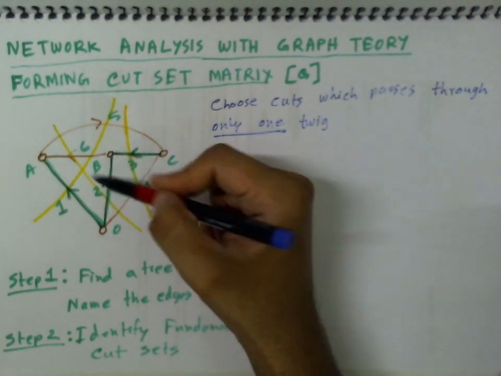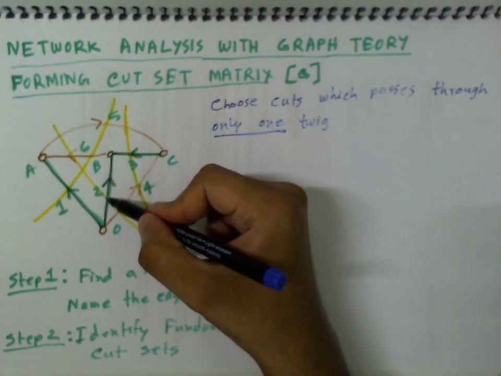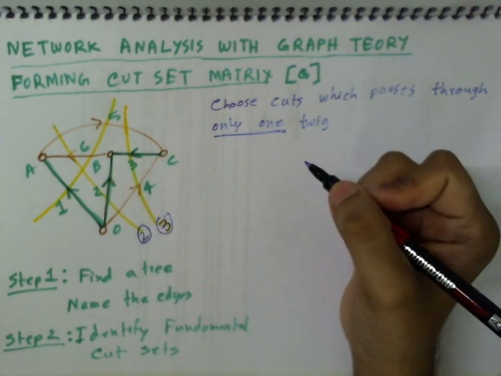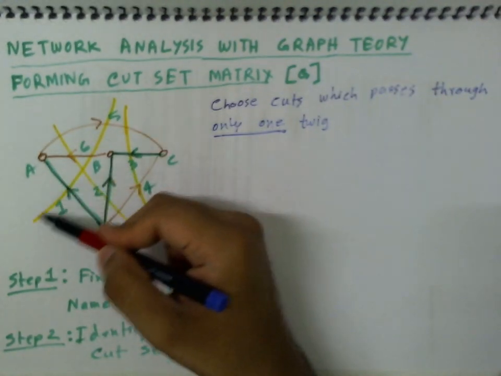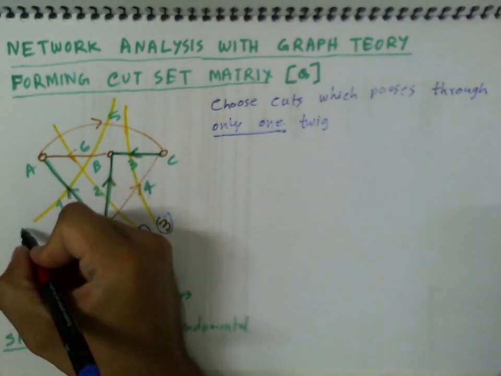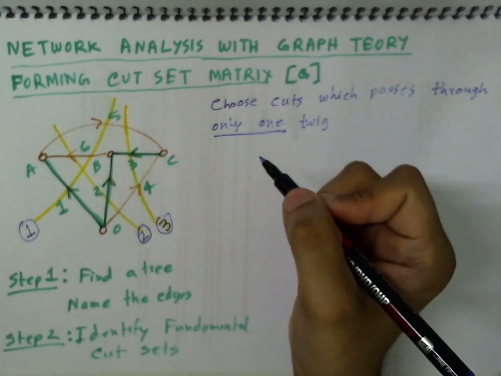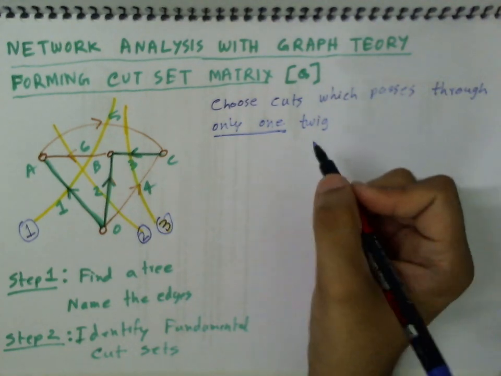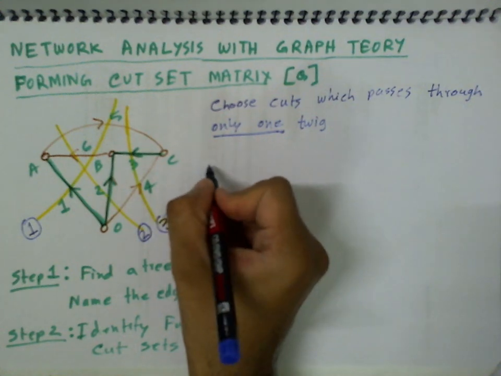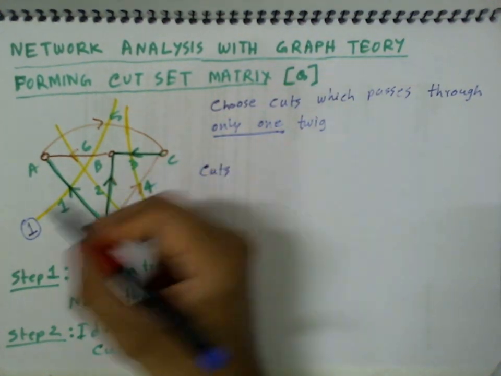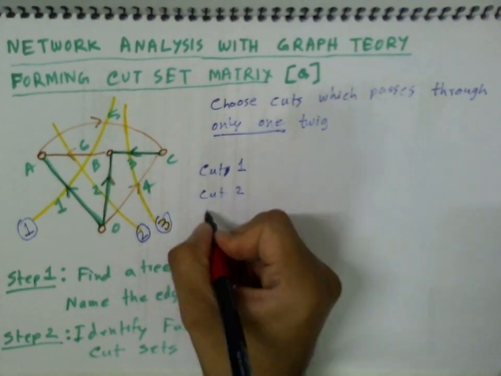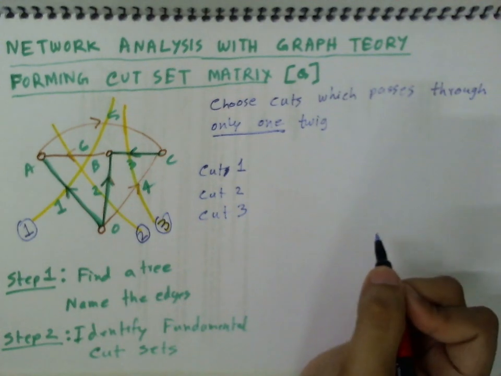This cut goes through twig 2, so I call this one cut number 2, and this one goes through this twig 1, so I call it cut 1. Okay, so let me now write these cuts. So I will have cut 1, cut 2 and cut 3.